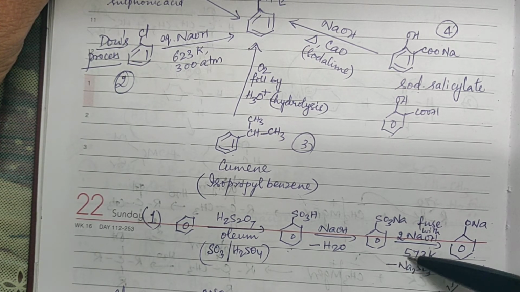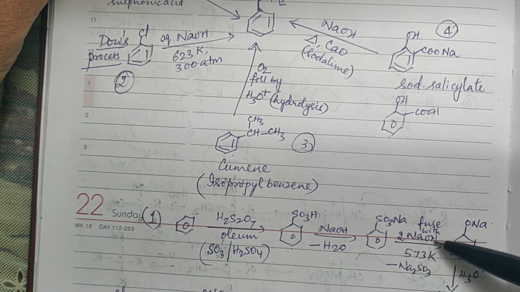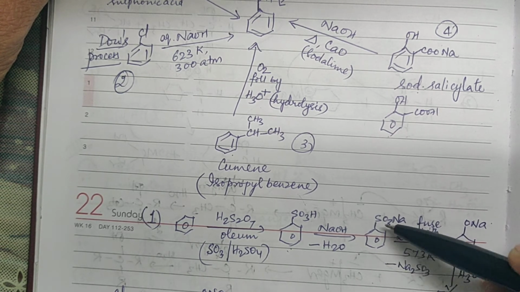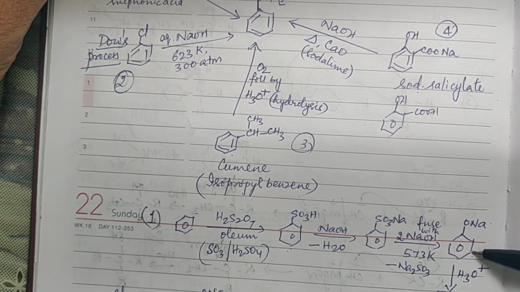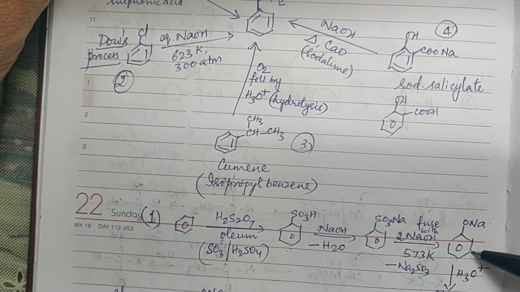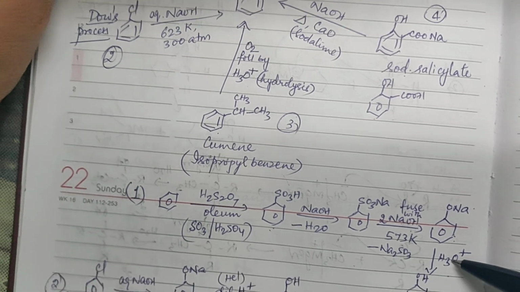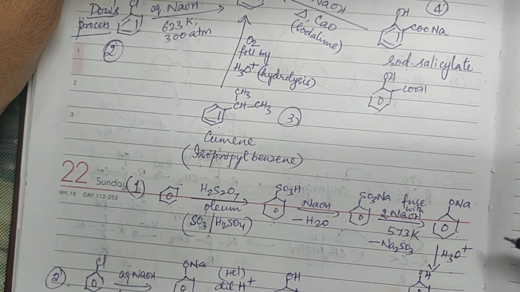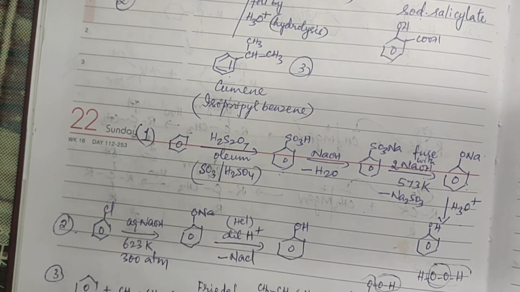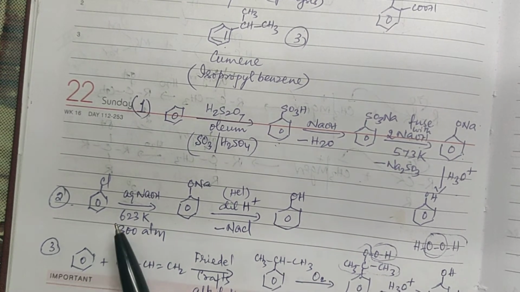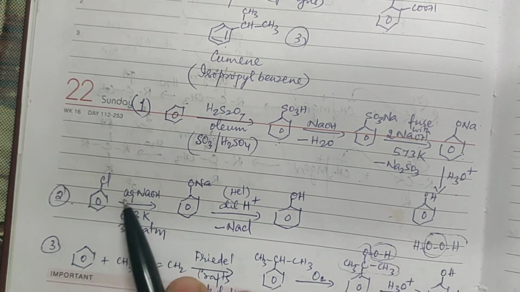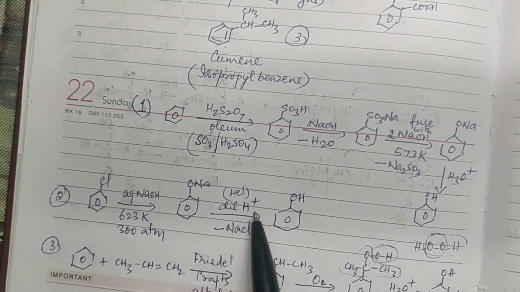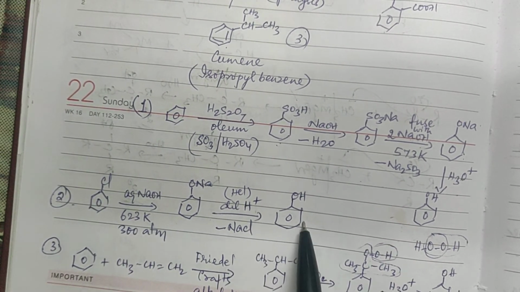In this case, Na2SO3 will be released. 2 NaOH you are adding, Na2SO3 will get released. And then the sodium phenoxide is subjected to hydrolysis. You will get phenol. Then from chlorobenzene, first you will get sodium phenoxide on this specific treatment. Then it is hydrolyzed, you will get phenol.